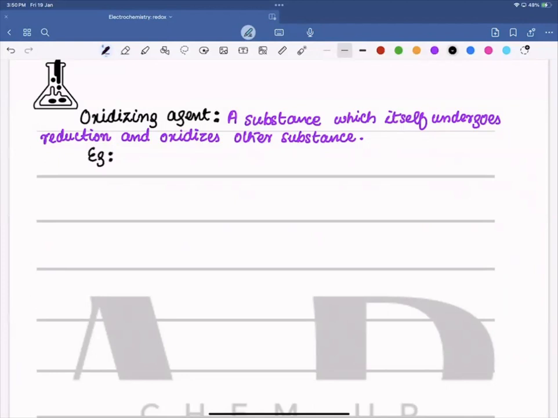We have an example. The most common example, which you have studied in your O levels as well, is acidified potassium manganate(VII).